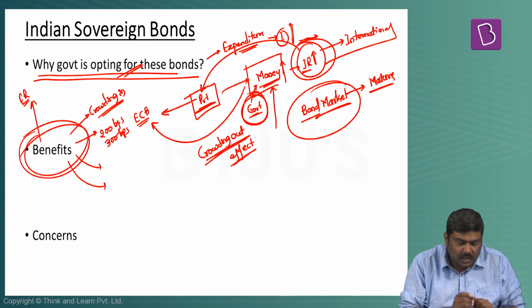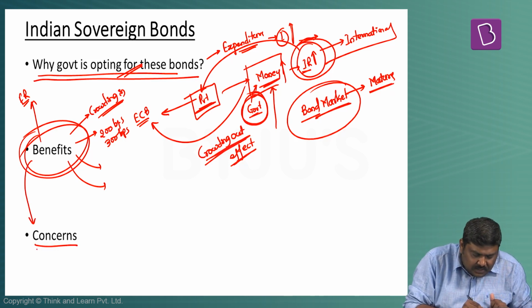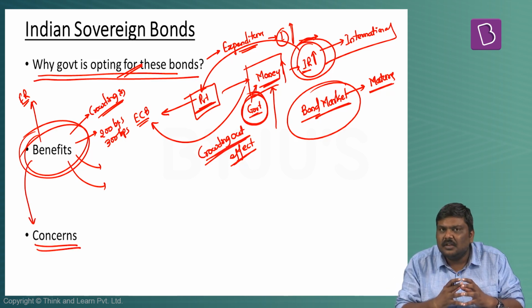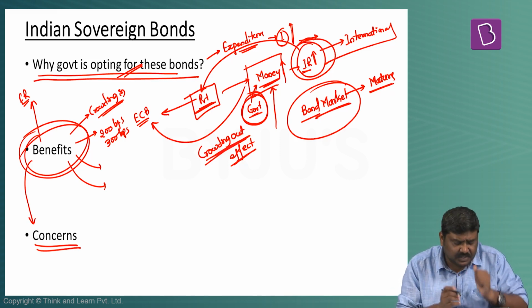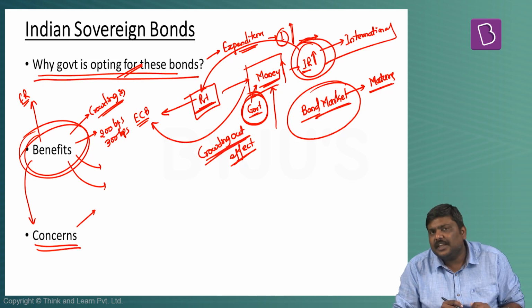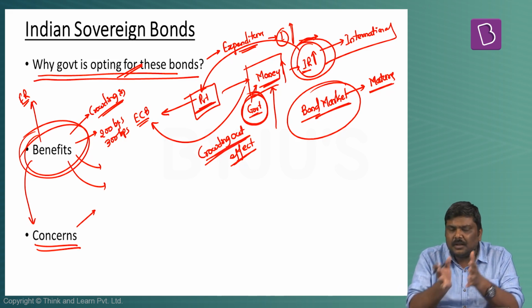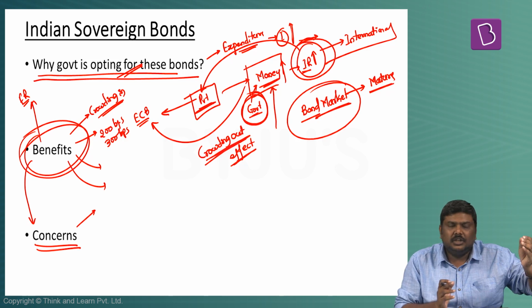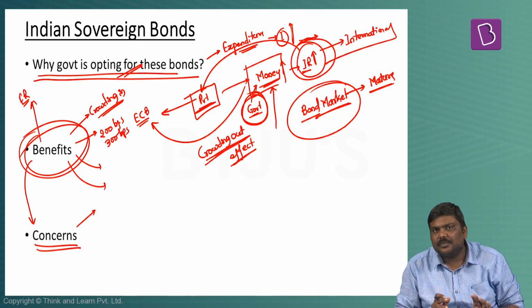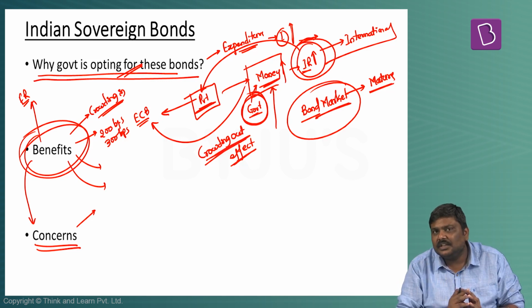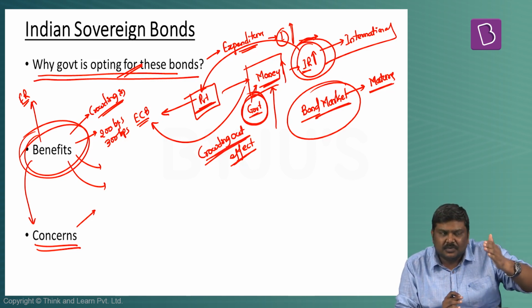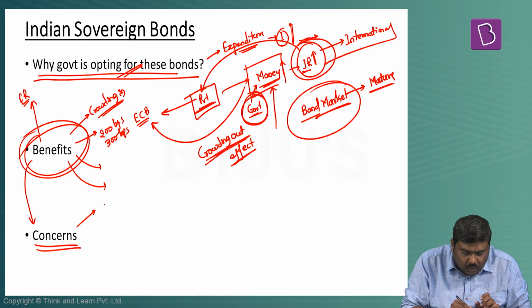But having said so, there are a large number of concerns which have been raised by various experts with respect to this particular proposal. What are these concerns? First, various experts are saying, yes, by issuing these particular bonds in the foreign market, the dollar inflow into India will increase, foreign exchange reserves will increase, but when the dollars come into India, it will lead to rupee appreciation.